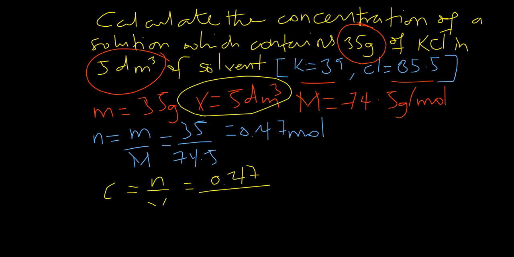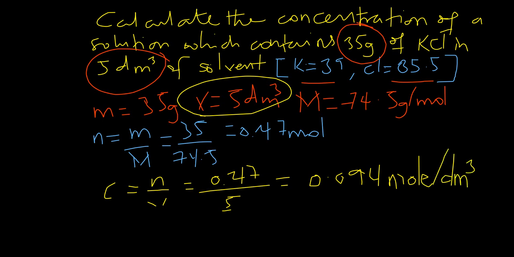So it's 5 dm cube. 0.47 divided by 5 will give us 0.094 mole per dm cube. So that should be the concentration. And this can also be written as 0.094 molar. So that's the concentration of this solution.